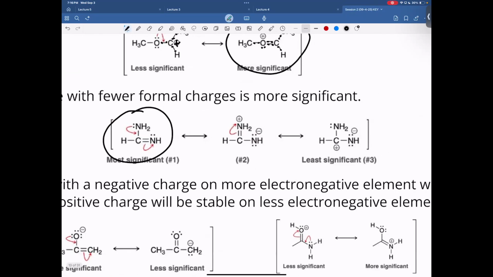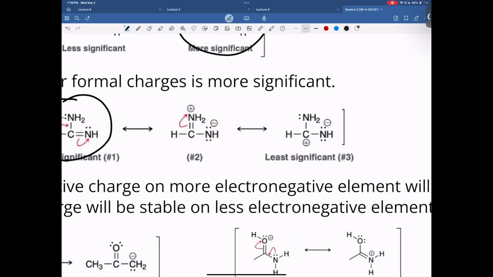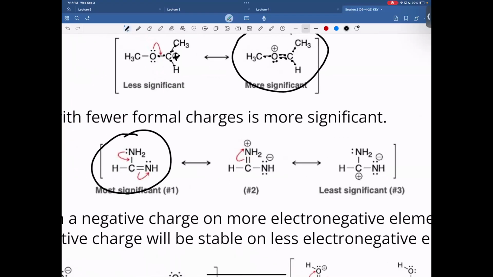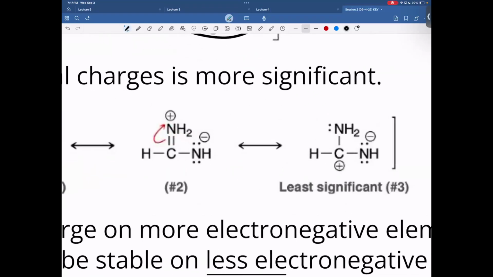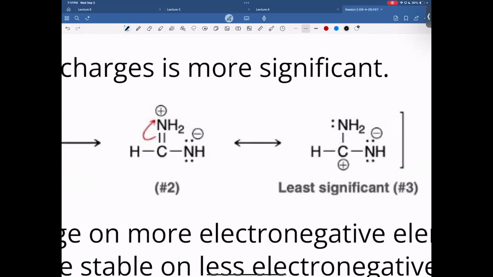So you might be asking then, how do we differentiate and rank the last 2 when these both have the same amount of charges? Well, we can go back to concept 1 of filled octets. If we look here, the positive charge is on nitrogen, but it's still going to have a filled octet, and this nitrogen is also going to have a filled octet.